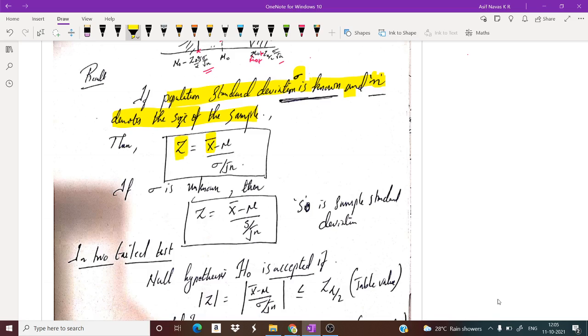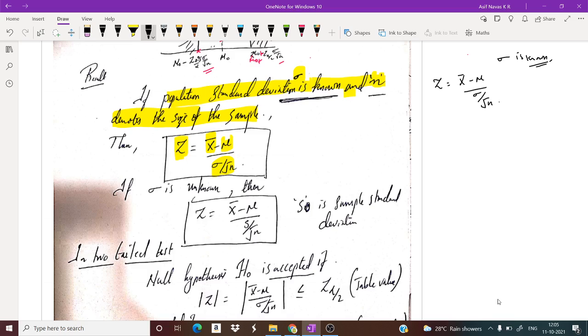We know that x bar follows a normal distribution with mean mu and standard deviation sigma by root n. Therefore z equals x bar minus mu by sigma by root n, if sigma is known.